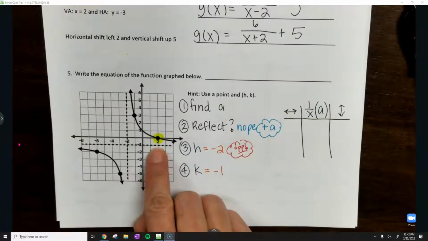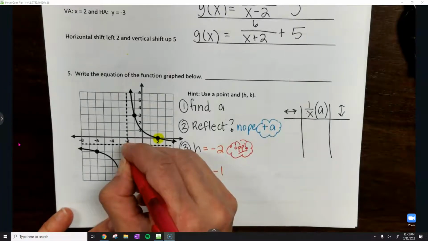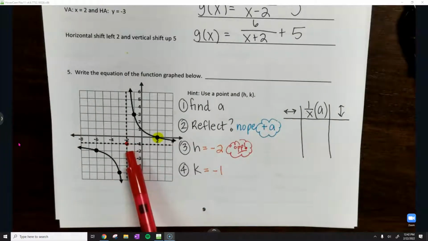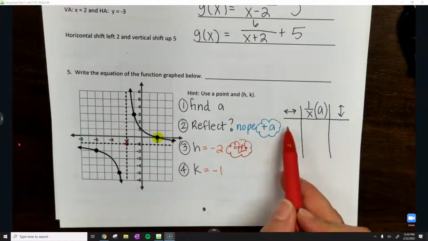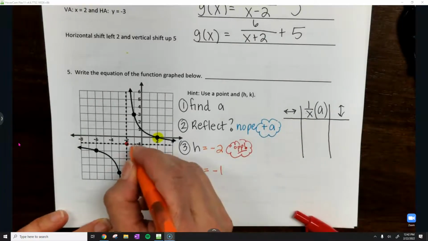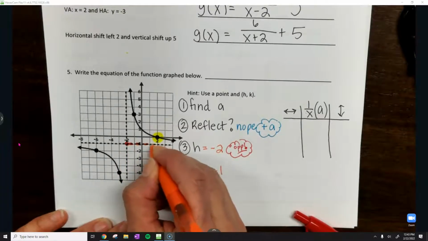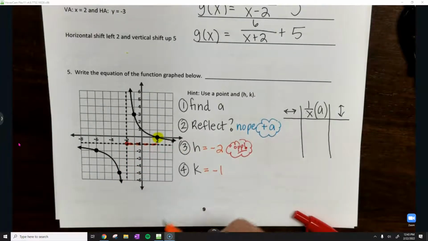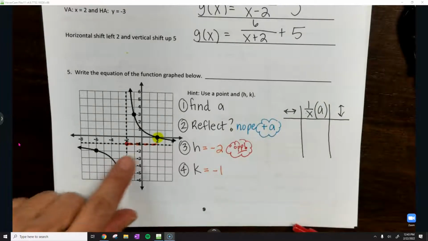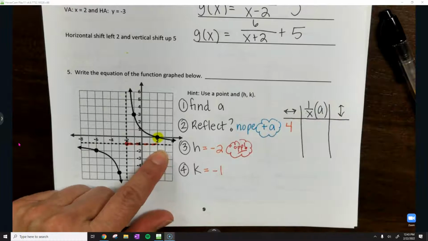That point is right there at 2, 0. Looks like an x-intercept. And remember, HK is right there where the 2 asymptotes intersect. So if I want to know the sideways movement, I'm going to count over 2, 3, 4 places to be right underneath it. I went 4 places to the right. I'm going to write a positive 4 right there.